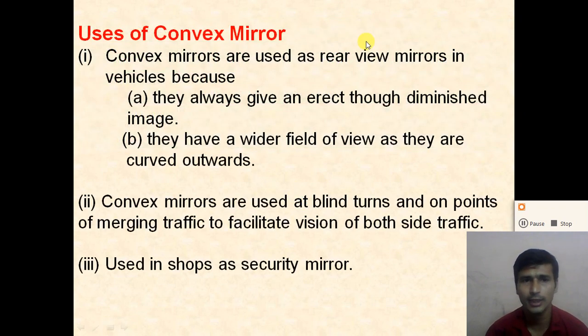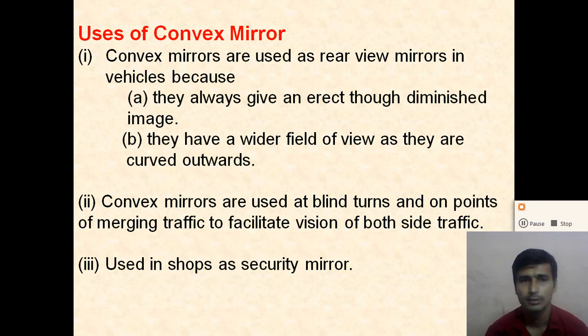Now, what are the uses of the convex mirror? Convex mirrors are used as rear view mirrors in vehicles. Why are convex mirrors used as rear view mirrors of vehicles? Because the convex mirror always gives an erect, diminished image, right? So by the convex mirror we always get the erect image of an object.